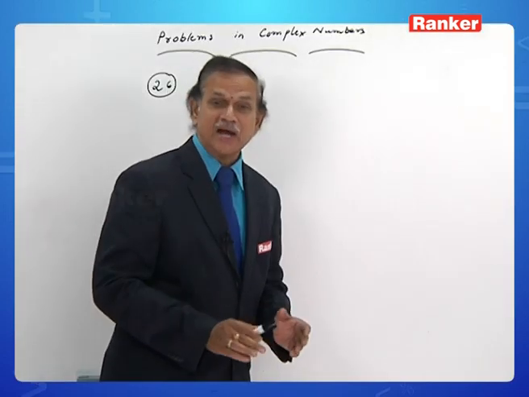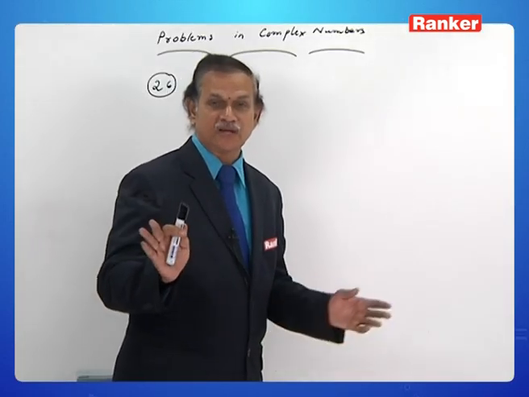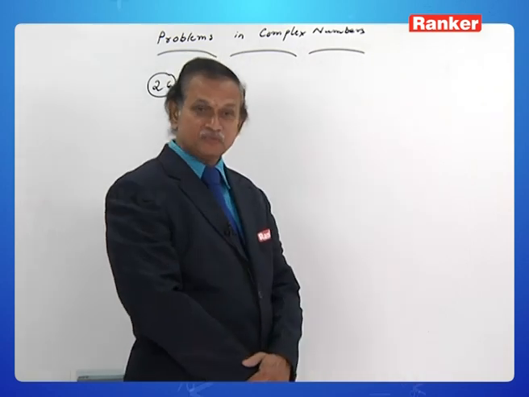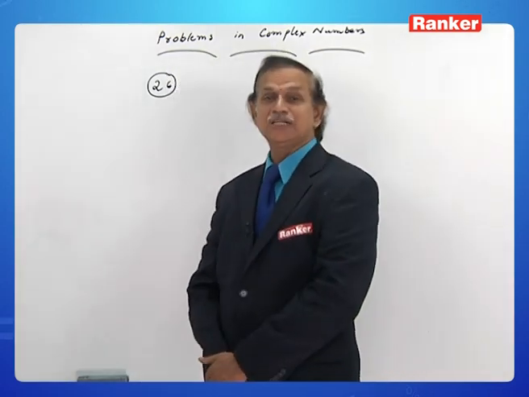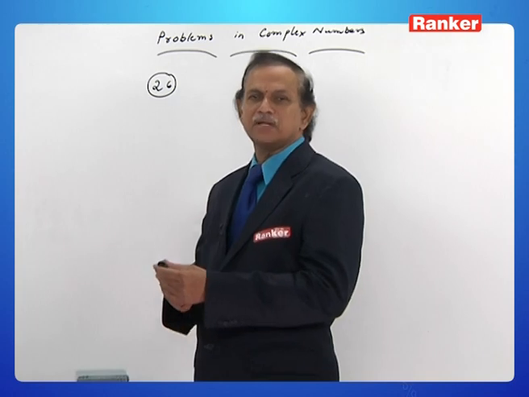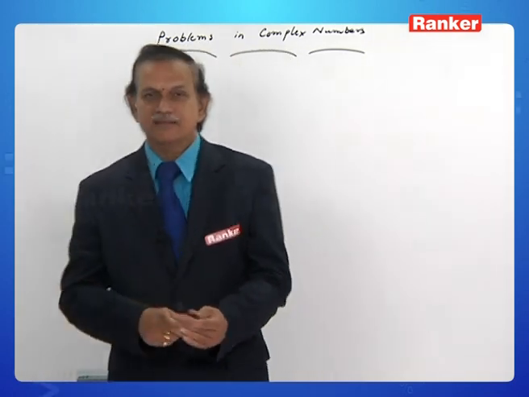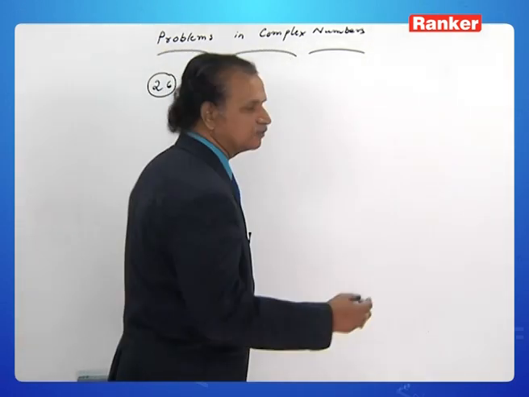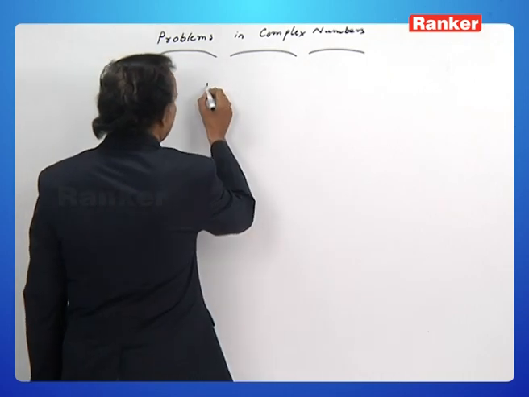First of all, what are 1, alpha 1, alpha 2, etc., alpha n minus 1? It has been given that they are nth roots of unity. What do you mean by nth roots of unity? They are nothing but the roots of the equation x power n is equal to 1.